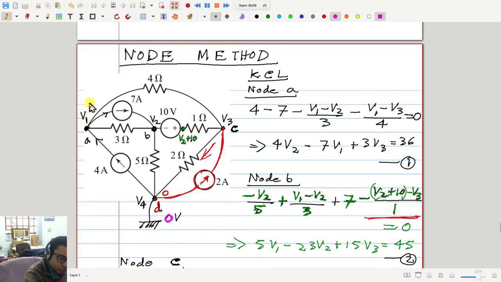0, 2, 5 and 10. But it is also possible that this is actually 5, this is actually 15, this is actually 10, this is actually 7. I have added 5 to all the nodes. You can add any constant value to all the node voltages. They are all equally valid solutions. So in a circuit, absolute potentials do not matter.